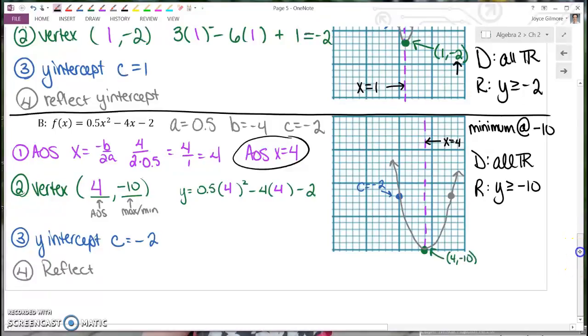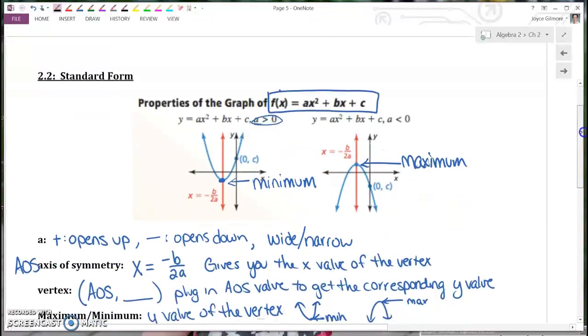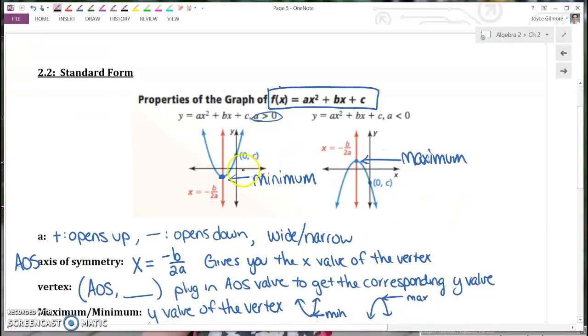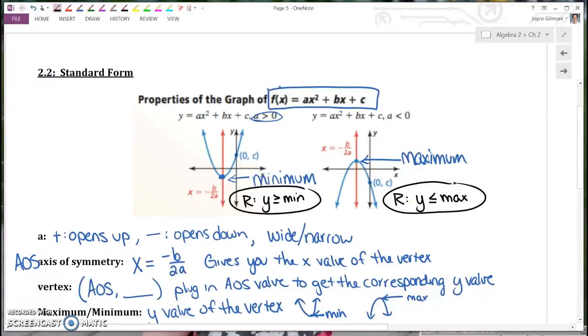You may want to, at the top of your page, next to these, note that if the graph opens upward like this, your range is y is greater than or equal to your minimum value. If the graph opens downward, your range is going to be y is less than or equal to your maximum value. Those are good things to have in your notes.